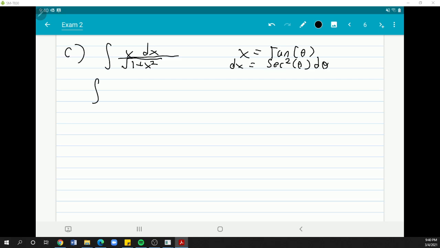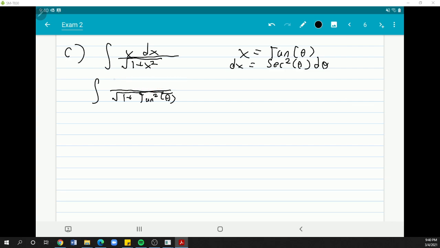And so this integral becomes tan of theta d theta divided by square root 1 plus tangent squared of theta. Yeah, I wrote these completely backwards.